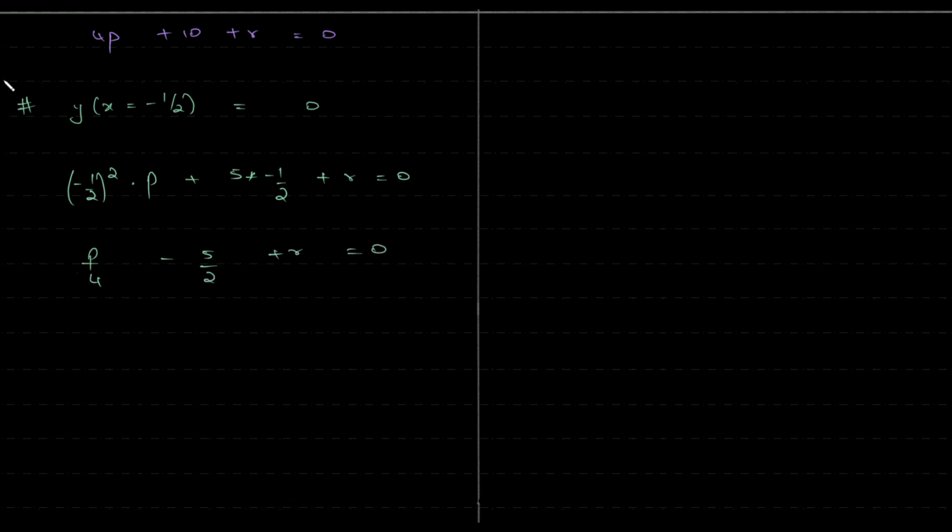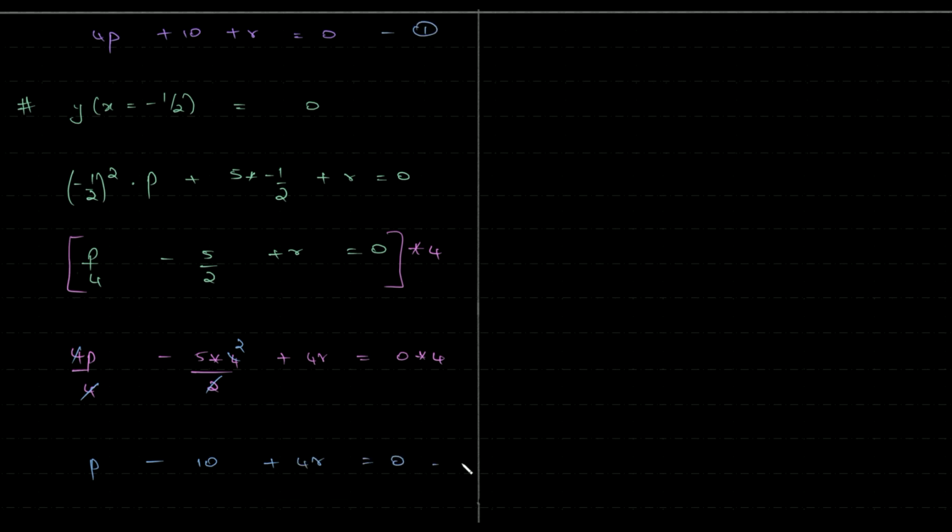For ease of working, we'll multiply with 4. Why? 4 is the LCM over here. It's better to simplify this a bit. So 4p by 4 plus 5 into 4 by 2 plus 4r is equal to 0 into 4. So we have 4 and 4 getting cancelled. So p plus 10 plus 4r is equal to 0.